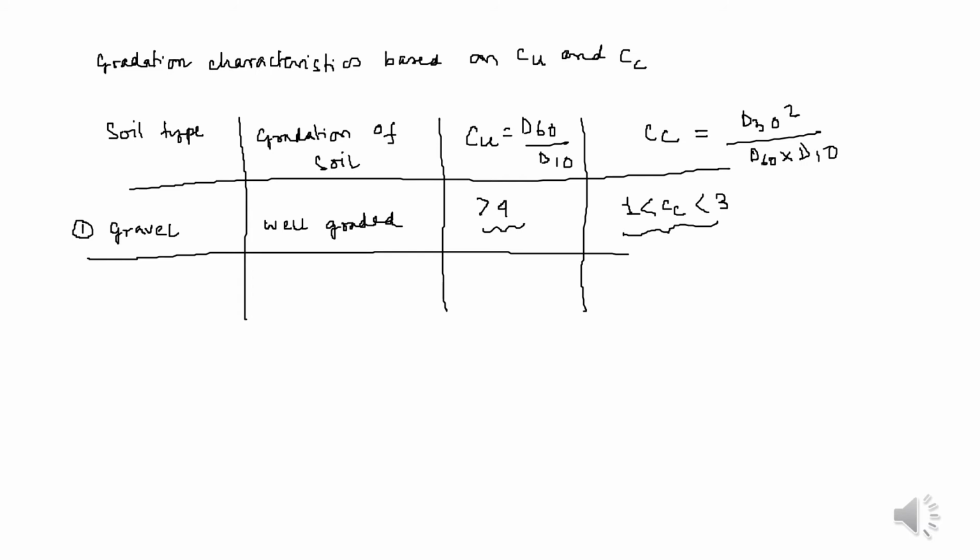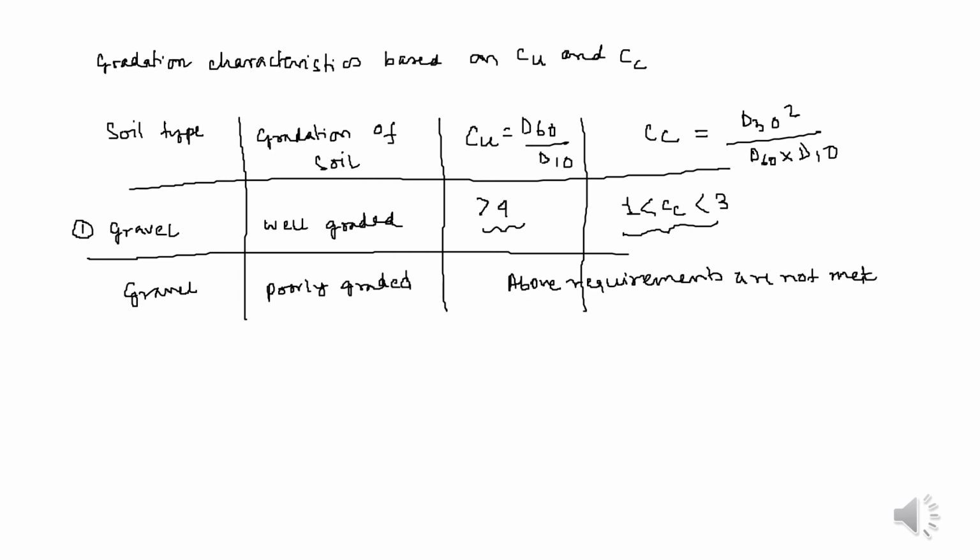Now suppose the Cu and Cc values don't come greater than 4 or between 1 to 3. That is, the above requirements are not met. So we can say my soil is a gravel which is poorly graded. Right? We saw what a poorly graded soil is in my previous slide.